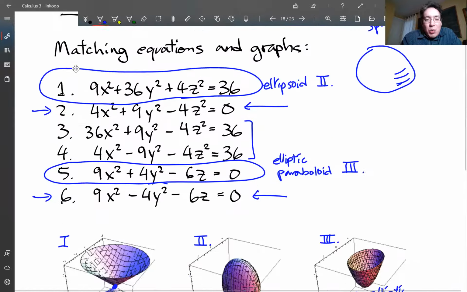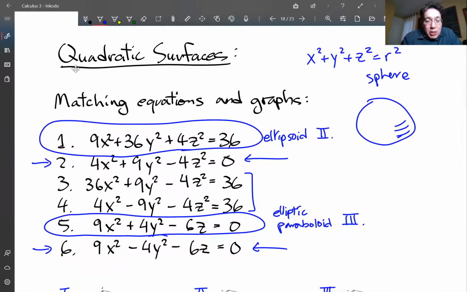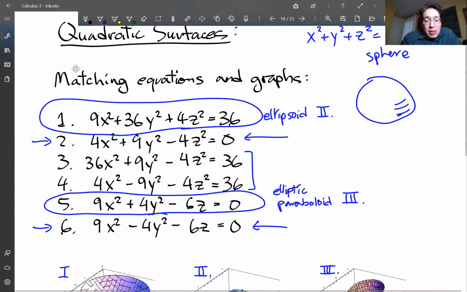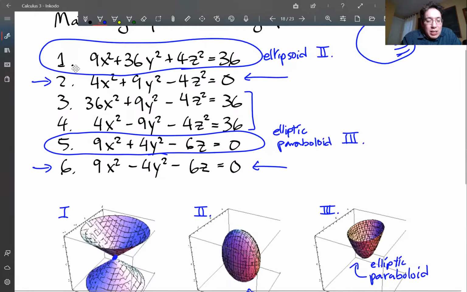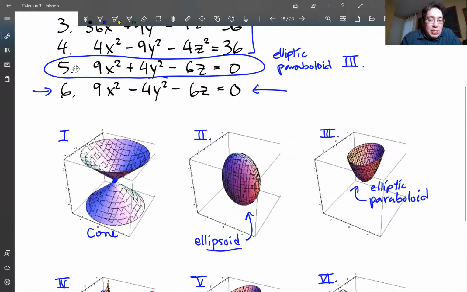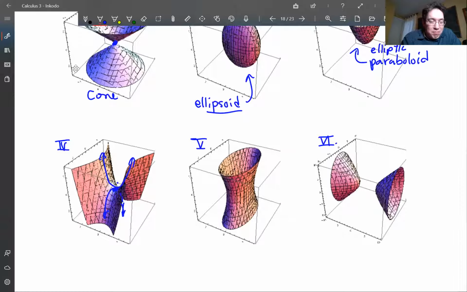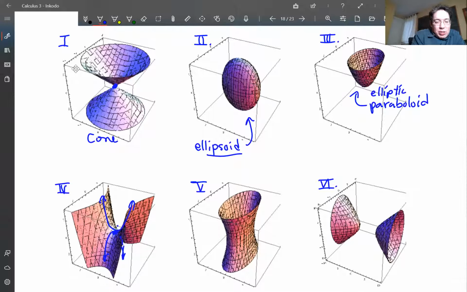So then we narrowed it down to equation 2 or equation 6. I think one way to work this out is that if you fix a z value that's something other than 0, if you cut it sideways, sorry, trying to draw it.